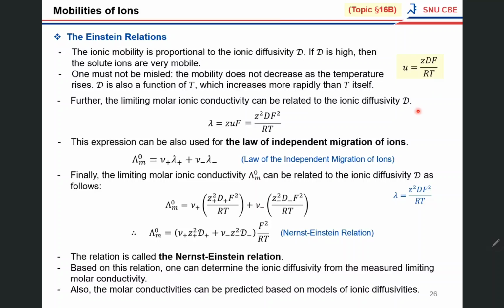Then you can express the limiting molar conductivity, large lambda m, as the sum of the two factors contributed by the cation and anion respectively. This is the relation between the limiting ionic conductivity and the ionic diffusivity of the cation and anion. This relation is called the Nernst-Einstein equation, because it was derived by Nernst based on the Einstein relation.